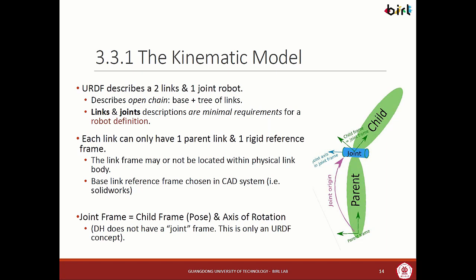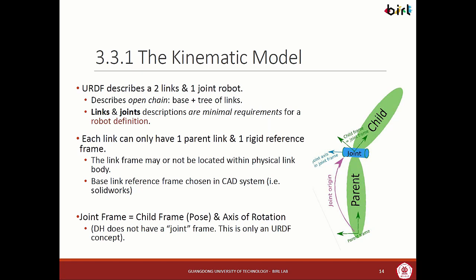For child frames like this one, the reference frame is always going to be the reference frame of the joint. For child links, you look at the joint, and whatever the reference frame is there, that's the reference frame of this child. This is the base link. That's not just the parent, but the base for the first link anywhere.